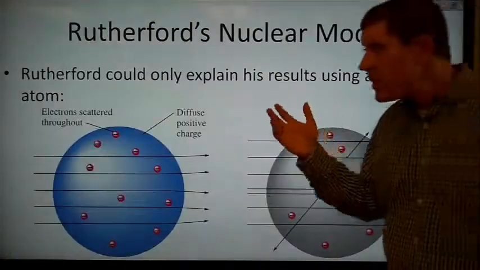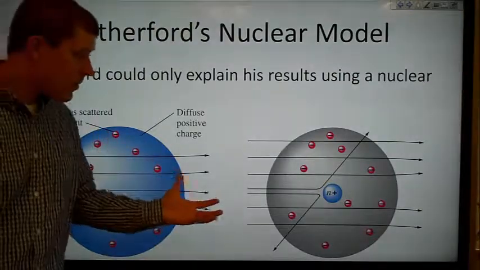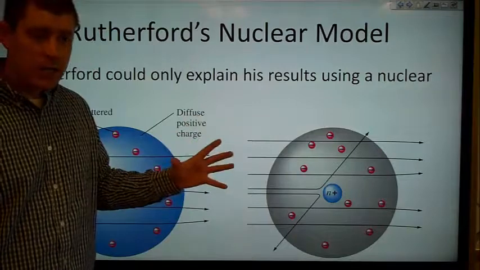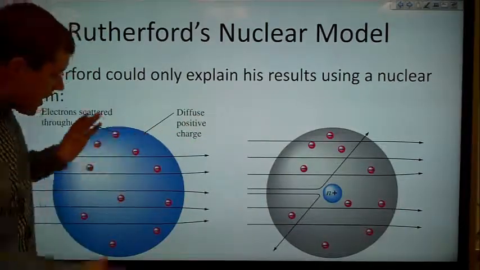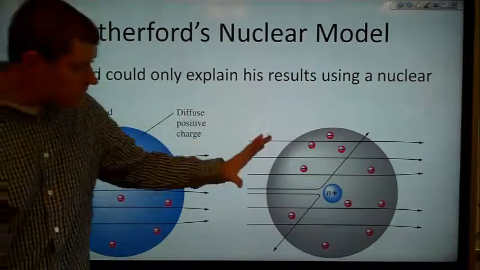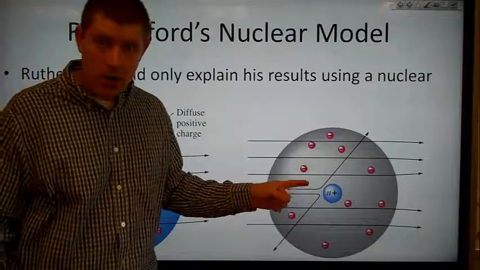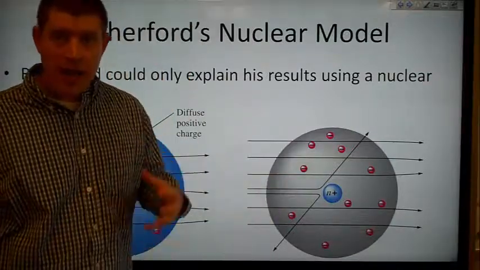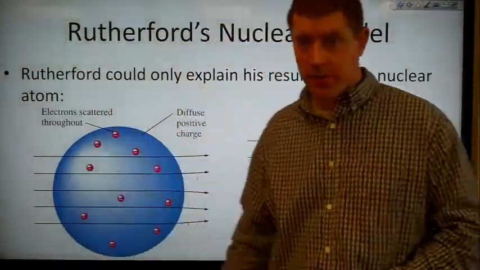The alpha particles have to be hitting something that's very, very dense, which means that now Rutherford has to introduce the idea that Thompson's model is not fully correct, that we may have these electrons scattered throughout, but also we have to have something in there that now we call the nucleus. That nucleus has a very high positive charge and it's very heavy. It has a lot of mass to it.